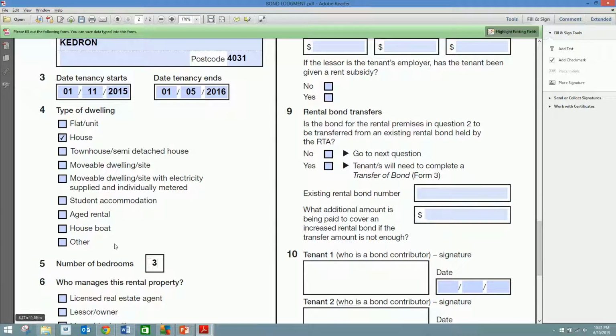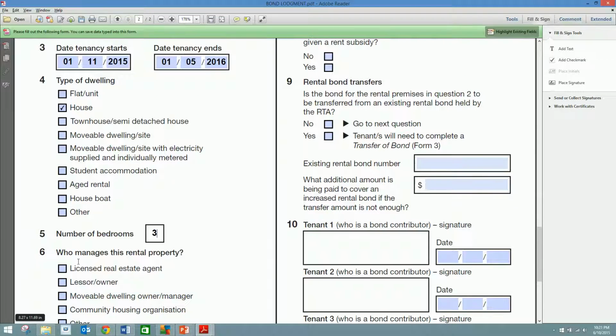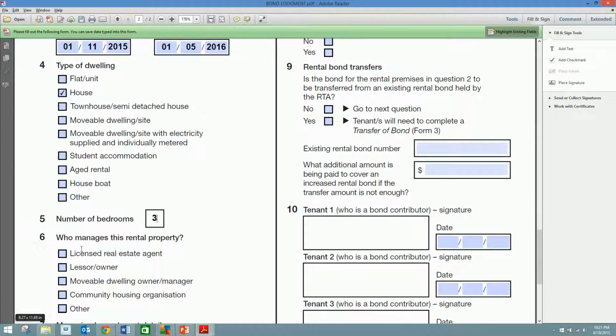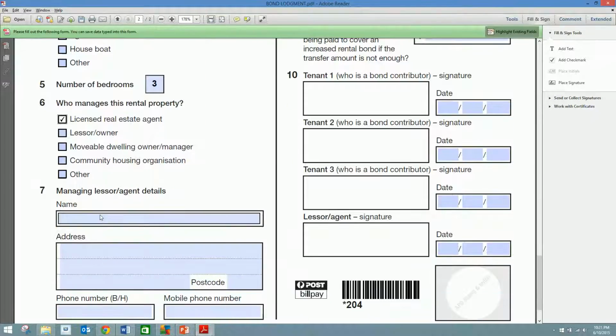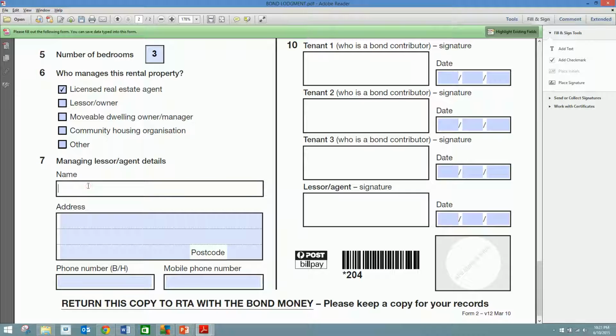There are 3 bedrooms. The property is managed by a licensed real estate agent, so that's Ray White. So, the agent details: Ray White Alderley. The address for that. Phone number.